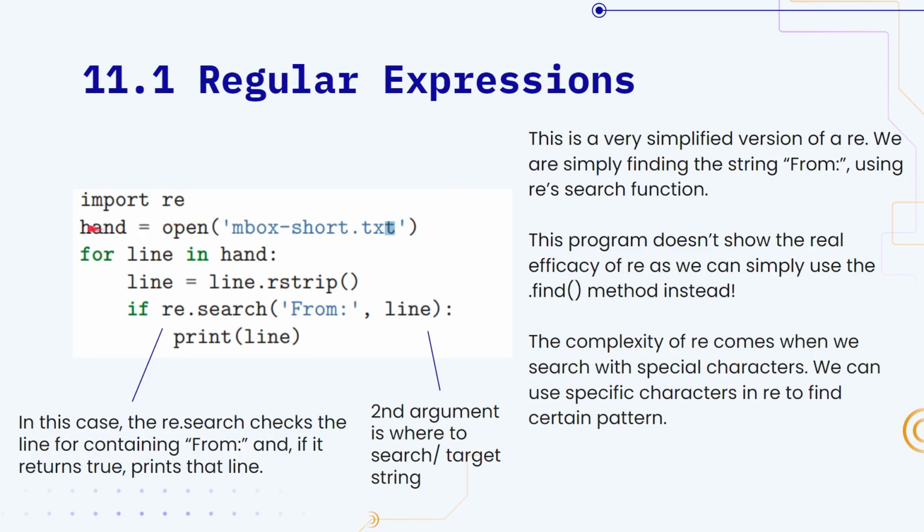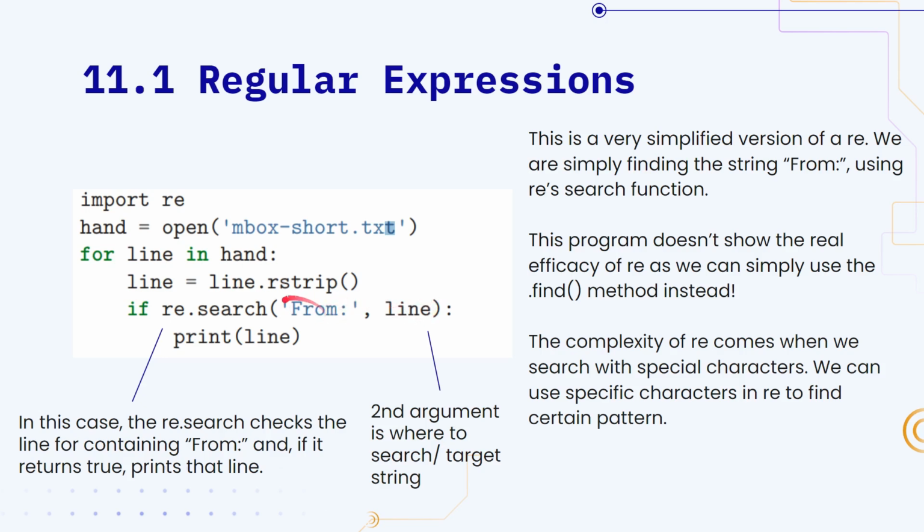If we look at this example, let's ignore these three lines because all that's doing is extracting the text from this file. If we focus on these last two lines, basically what this is doing is calling the search function of re, and telling the function to search for this phrase in this string variable.